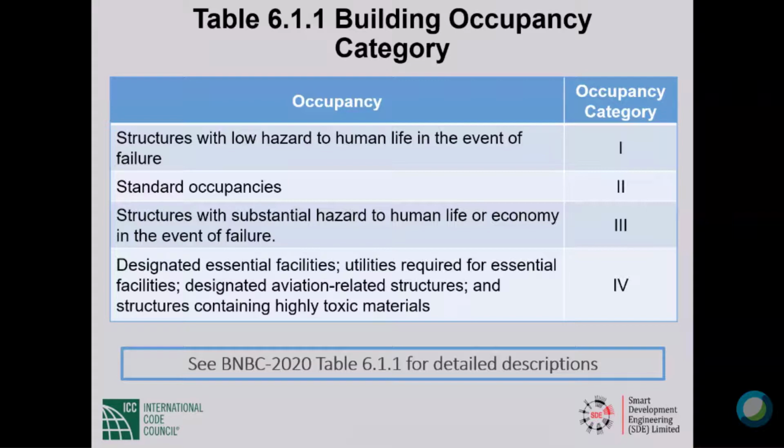They are defined in table 6.1.1. Okay. The occupancy category 1 is unimportant buildings where no life safety is at stake. Occupancy category 2 is standard occupancy building, apartments, office buildings, and so forth. 3 is assembly buildings where a lot of people congregate in one space at one time. 4, essential facilities or hazardous facilities.